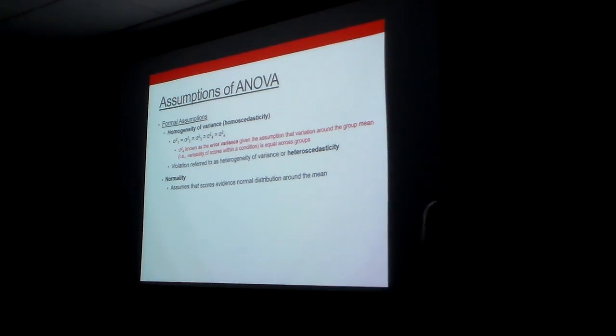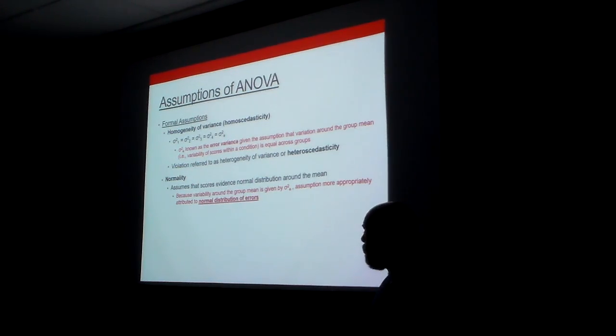But with sufficiently large cell sizes, I've got a lot of flexibility here, right? I could have wacky looking distributions, but as long as I don't have extreme values dragging my mean around, I'm going to assume that the distribution of sample means will approximate normality very quickly if I've got reasonably large cells. Okay.